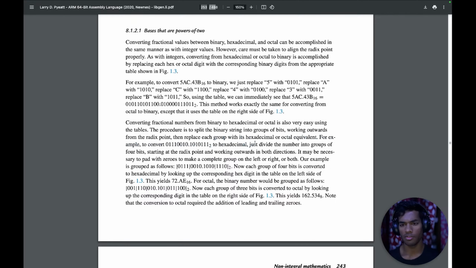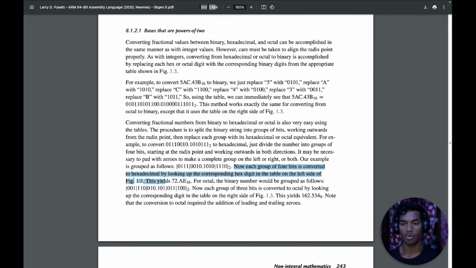To hexadecimal, just divide the number into groups of 4 bits starting at the radix point and working outwards in both directions. It may be necessary to pad with zeros to make a complete group on the left or right or both. Our example is as follows: a complete group, complete group, complete group, and here we added a 0 at the end.